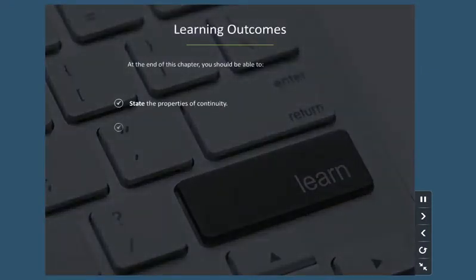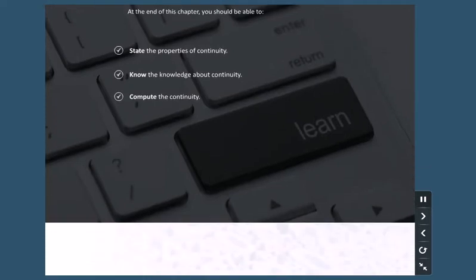Learning outcomes. At the end of this chapter, you should be able to: Introduction.